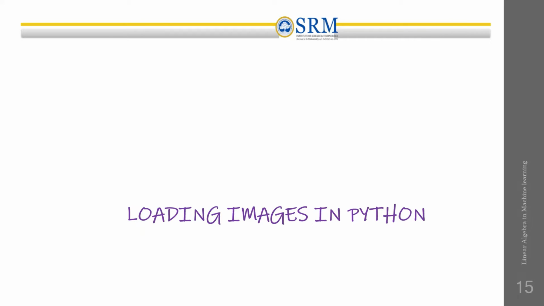A photo is yet another example of a matrix from linear algebra. Operations on the image such as cropping, scaling, shearing can be described using the notations and operations of linear algebra. So in the forthcoming slides, we are going to discuss how to load and manipulate images in Python.